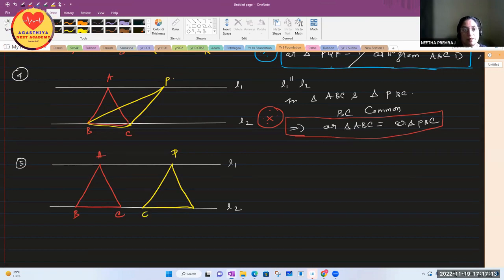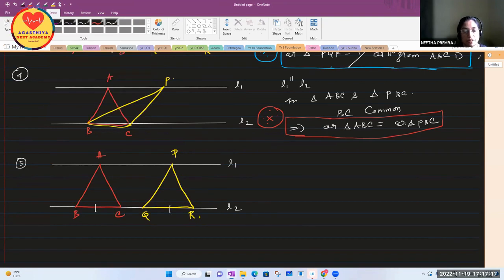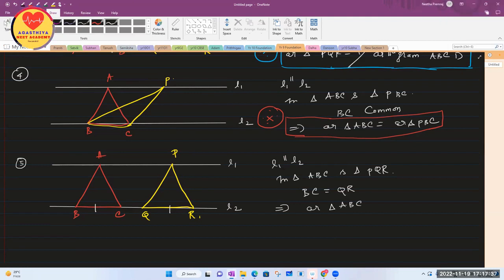So what is given? Here it is mentioned these two are equal. So L1 is parallel to L2, in triangle ABC and triangle PQR, the bases are equal. BC is equal to QR. So which implies area of triangle ABC is equal to area of triangle PQR.